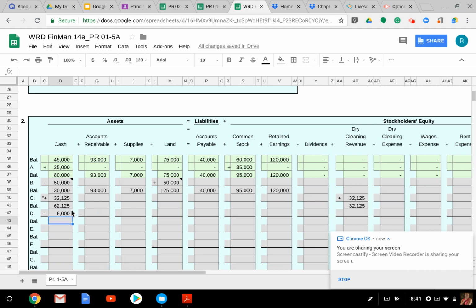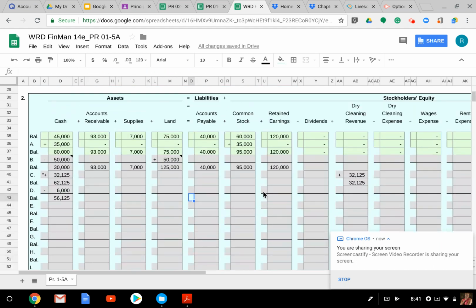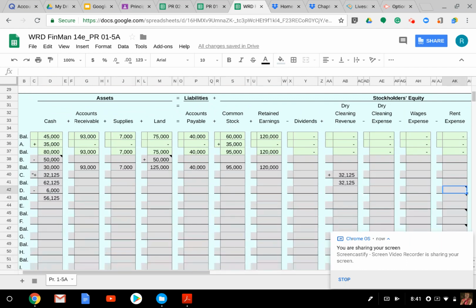So we started out with $62,125, and we're subtracting $6,000. You should be doing the math with me. And we should have $56,125 as a balance in cash. Notice nothing happened to accounts receivable, supplies, or anything in between until we get all the way over to rent. When we get to rent on line D, we're going to increase our expenses by the $6,000.